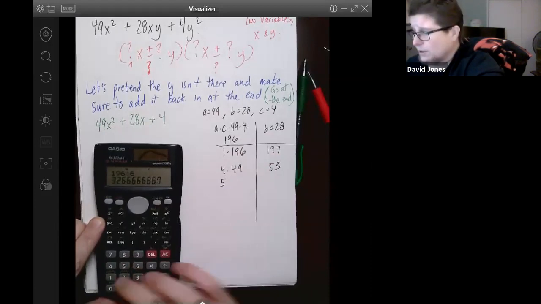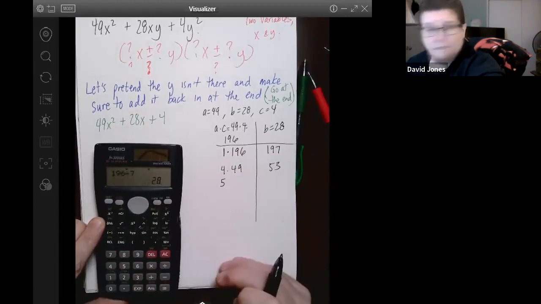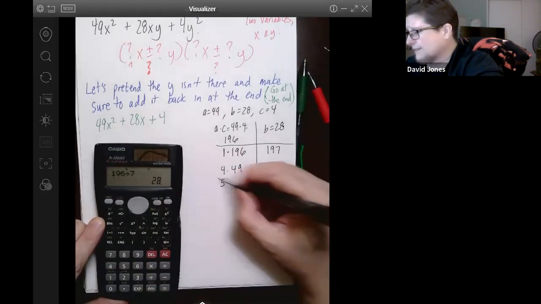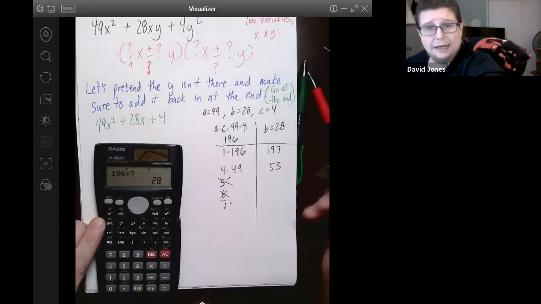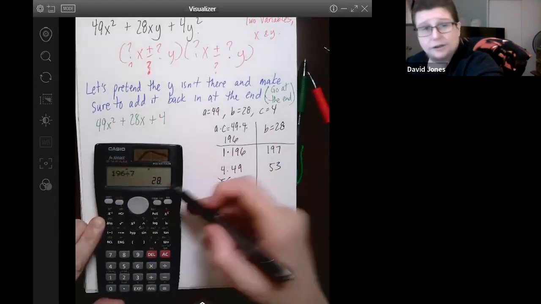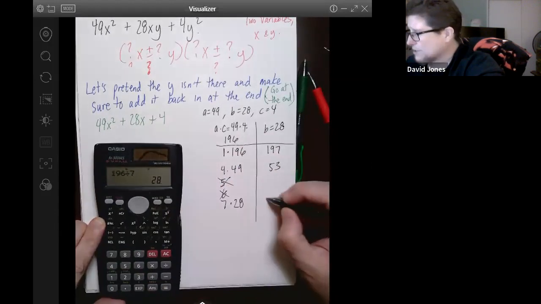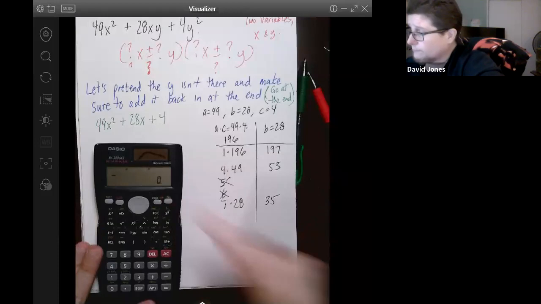That's a decimal. 196 divided by 7. That's a number. So 5 is out, 6 is out. 7 gives me 28 left over. And I just did it in the calculator and I found it really quick. 7 plus 28 is 35.